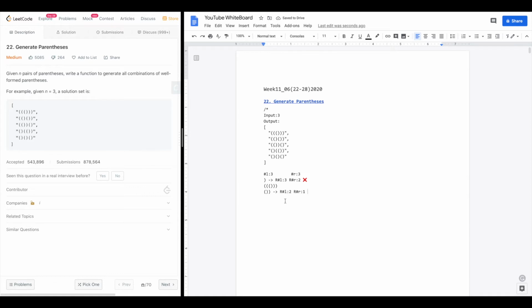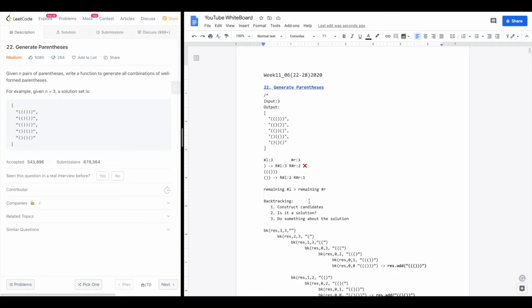We can easily get a rule: if the remaining number of left parentheses is bigger than the remaining number of right parentheses, this means the current string we generate is wrong.